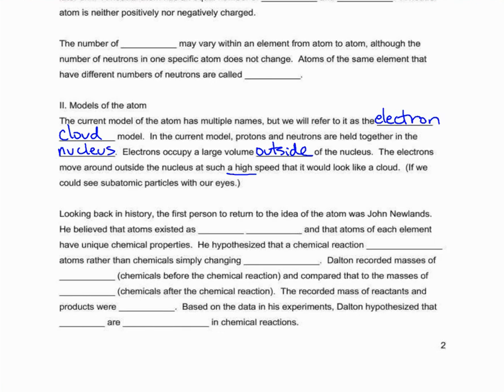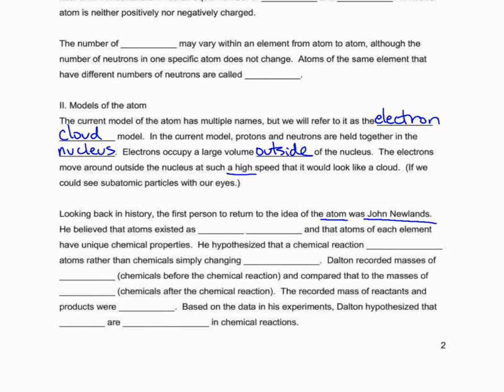Looking back in history, the first person to return to this idea of the atom was a man named John Newlands. So remember, we had Democritus. He suggested the atom, and nobody else went with it. Fast forward about 2,000 years, approximately, John Newlands.